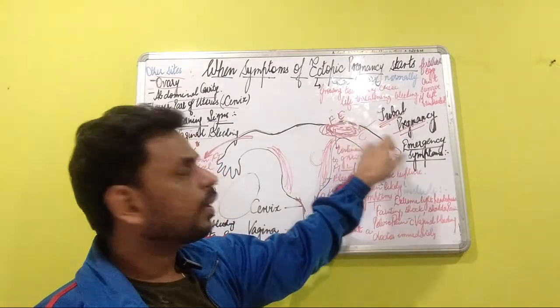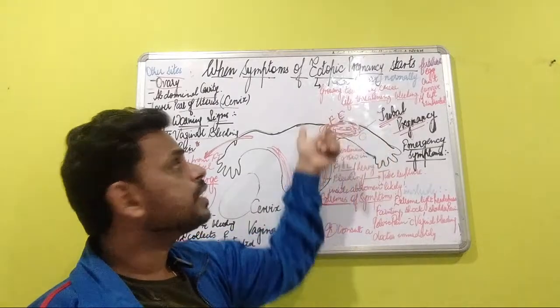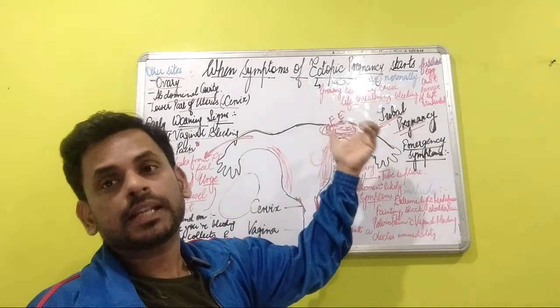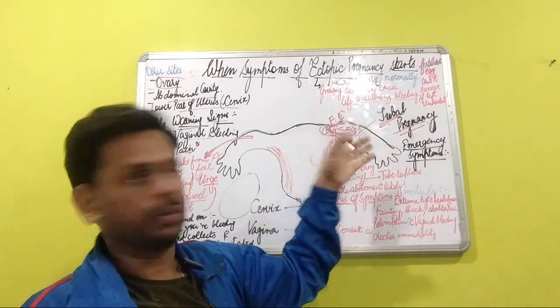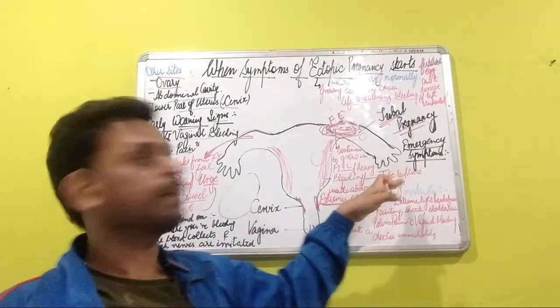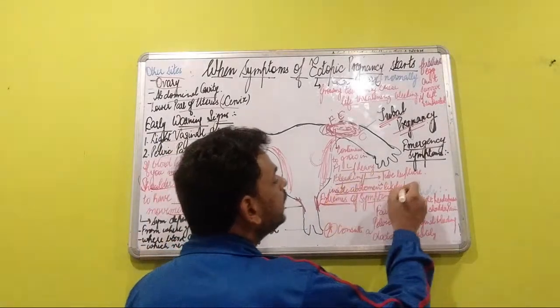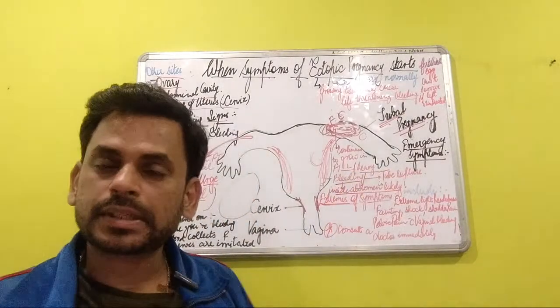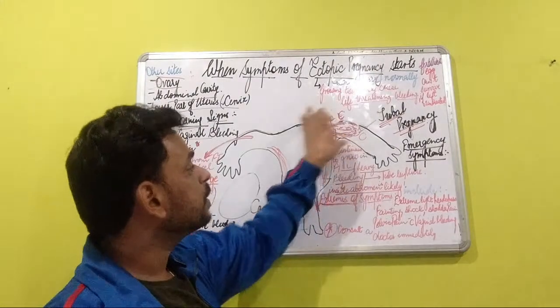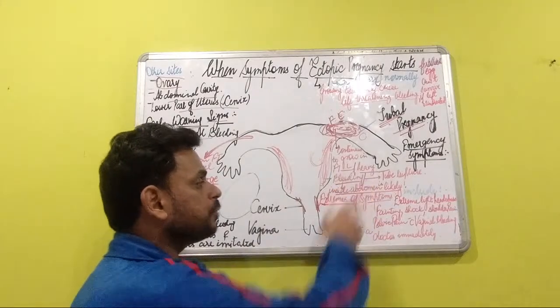So even the fallopian tube can get ruptured because of an ectopic pregnancy, if the embryo is implanted and continues to grow. Once the tube has ruptured, heavy bleeding inside the abdominal cavity is most likely to happen.